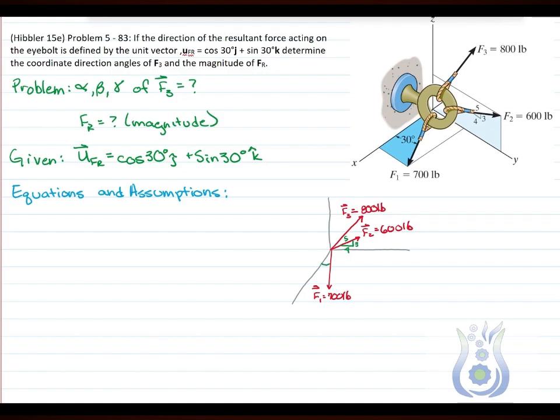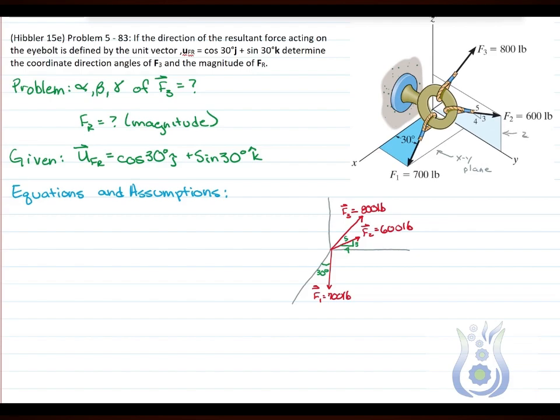So we'll just assign that to the right and say that FR is also to the right. Of course, because remember that the unit vector is in the same direction or the same sense as the vector that it's representing.